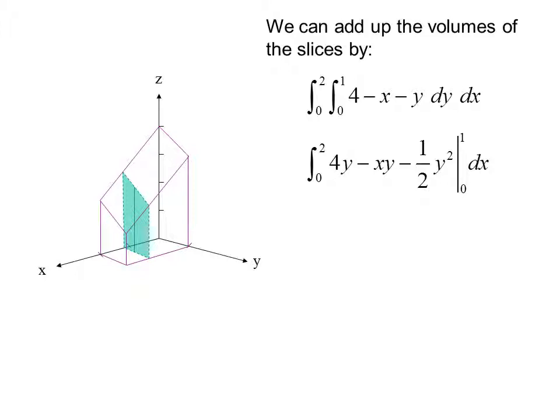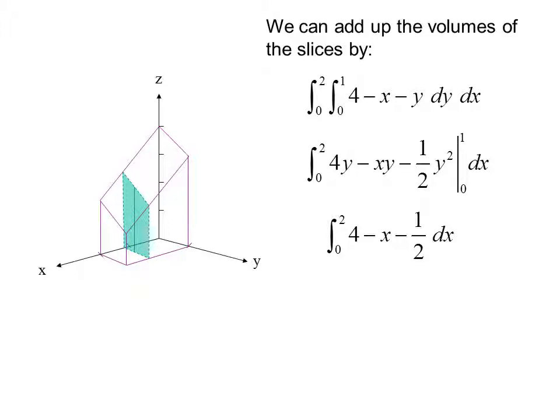We do the inside integral first. So we have the integral from 0 to 2 of 4y - xy - 1/2 y squared evaluated from 0 to 1. Now when we did this inside integral, x was considered a constant.